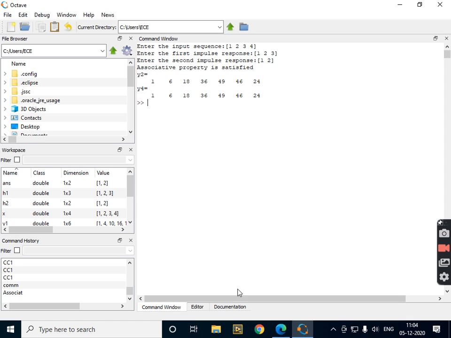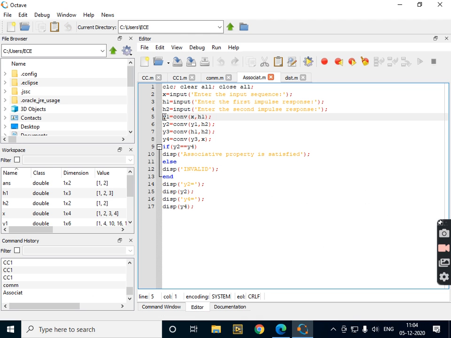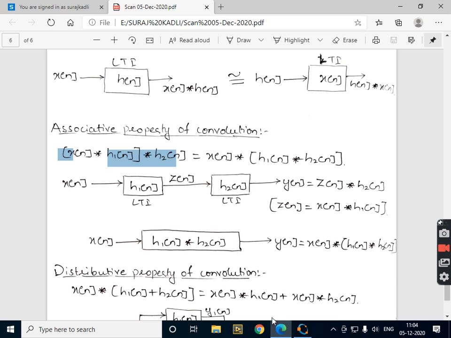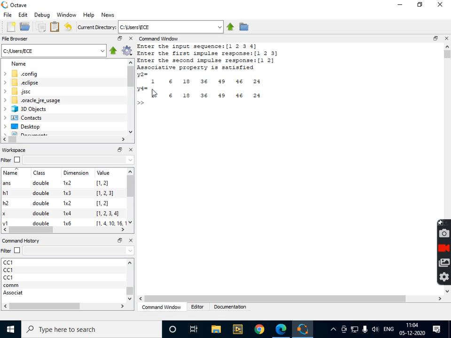When you press enter, according to statements 5 to 8, convolution will be computed and the results will be compared. So 6 1 6 18 36 49 46 24. LHS is equal to RHS, so the associative property is satisfied.